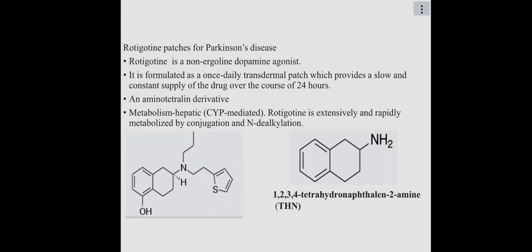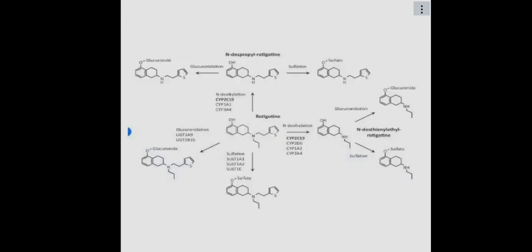Again, we can't tell those routes of metabolism from looking at the structure. So when we look at it, here is our drug, and we are saying N-dealkylation. Again, that N-dealkylation is catalyzed by the mixed function oxidases or the cytochrome P450 enzymes. There are many of them. And as you can see, all we have lost there is that group.